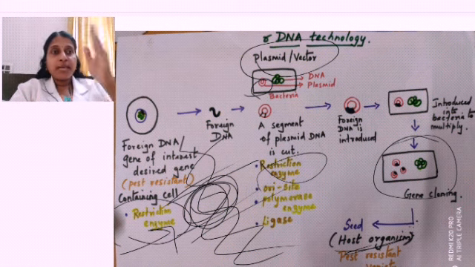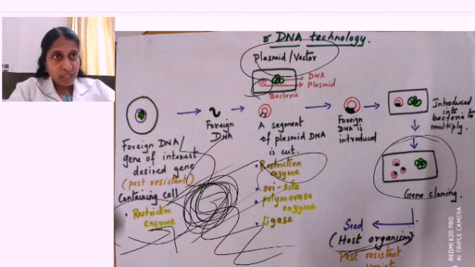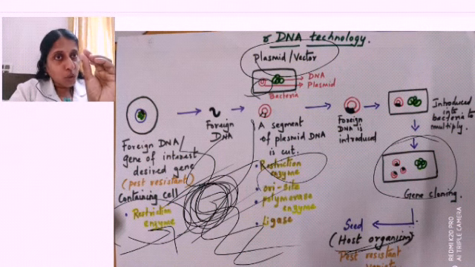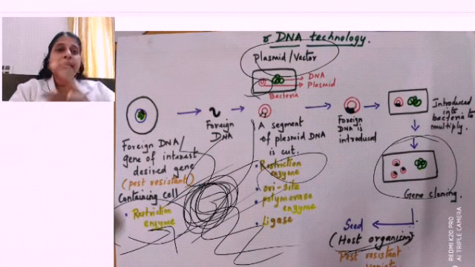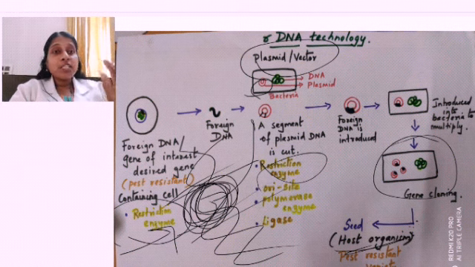This restriction enzyme will make a cut in that plasmid, and the gene of interest is introduced into this plasmid. Thereafter it is joined. For cutting any part of DNA, these restriction enzymes play a major role. That's why the name molecular scissors is given.